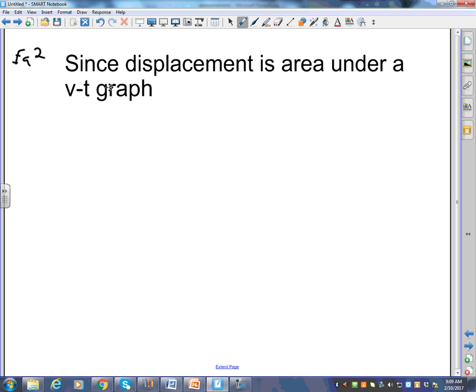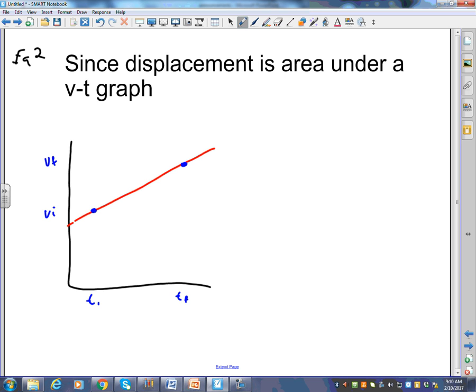Okay, so if I have a graph like this, let's say that I am interested in the displacement between the 2 points ti and tf.